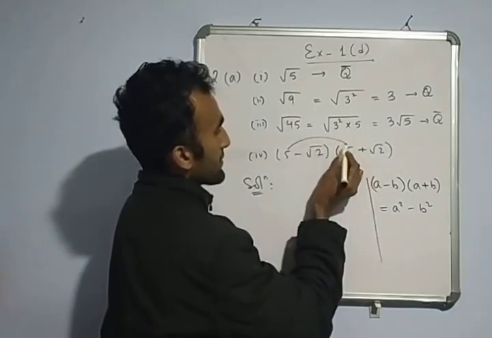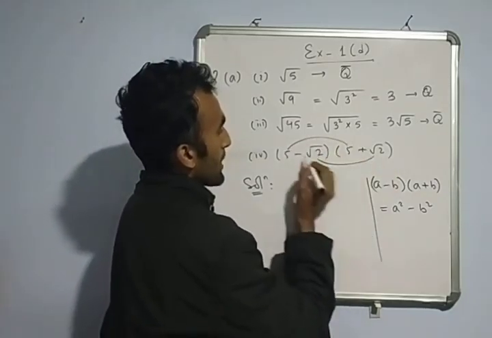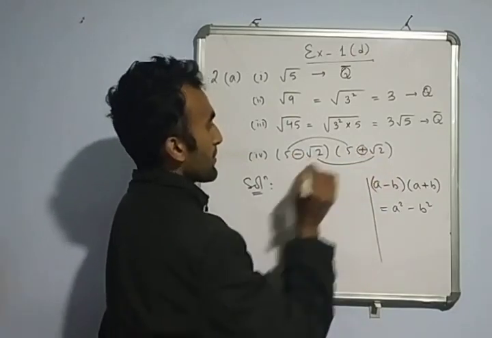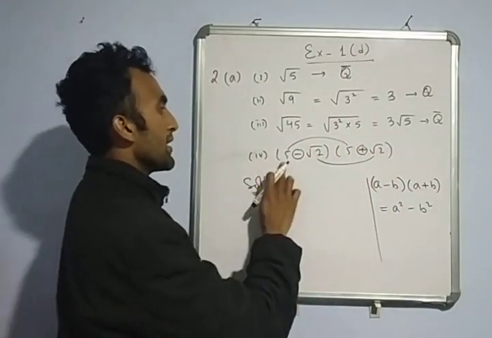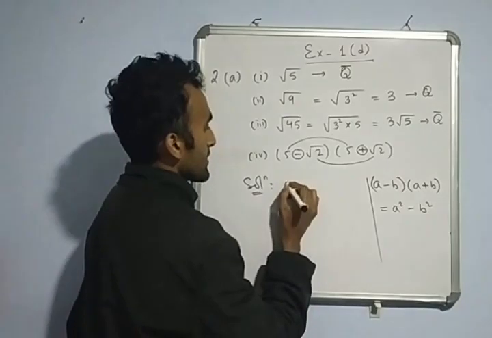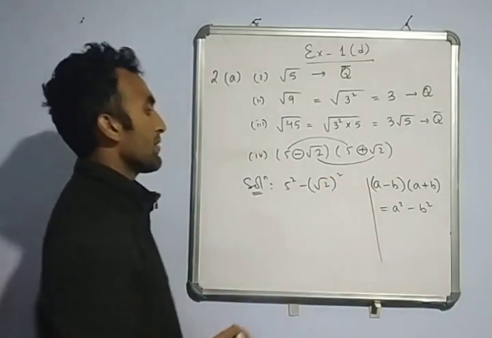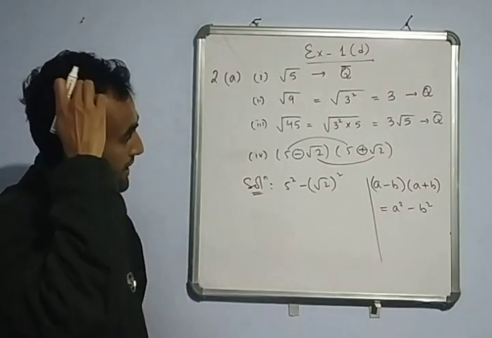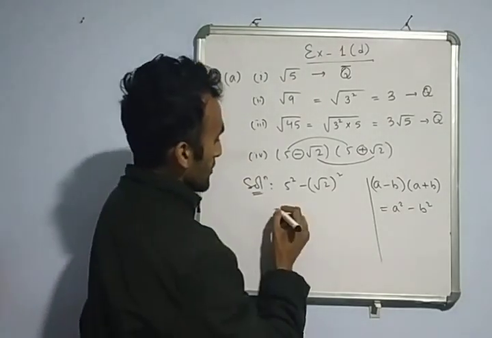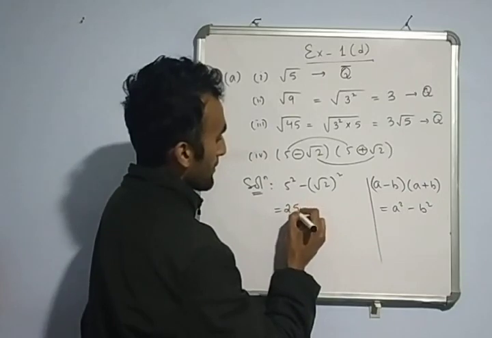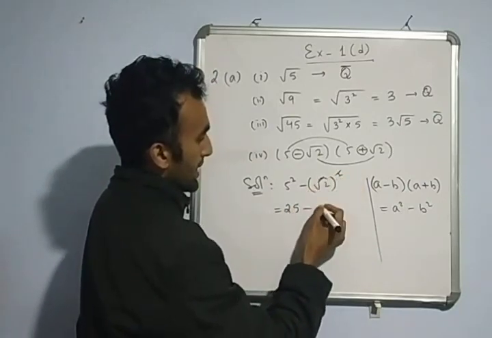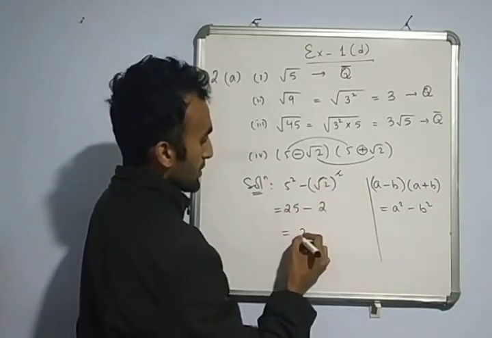The 5 is the same, root 2 is the same, the difference is one is plus and one is minus, and there's a product here. So it is a square minus b square. Our a is 5, b is root 2. So 5 square minus root 2 square, ultimately this is equal to 25 minus, and square and square root cancel, 2. So this becomes 23.